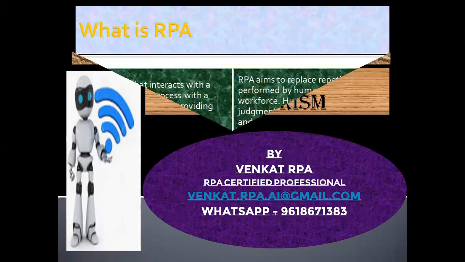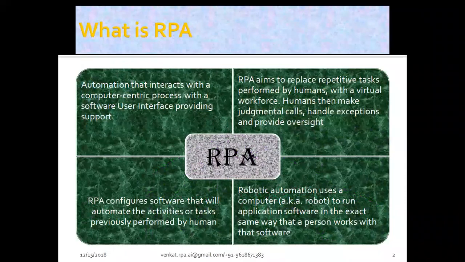Okay. So the first slide, basically people will ask, what is robotic process automation? The robotic process automation is not a physical robot that behaves like a human, walking and talking. It's not like that. The robot we are going to discuss is the software robot.